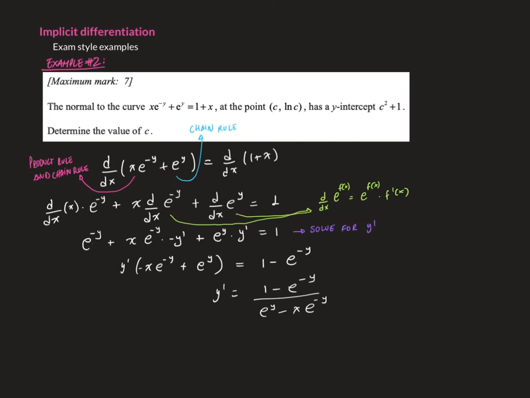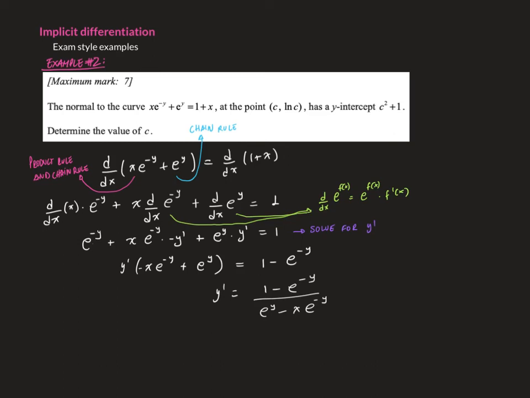Now in order to find the slope of the normal line, we need to find the slope of the tangent line, and we're going to do that by substituting the point (c, ln c) into this expression. One thing we need to remember is that e^x and ln x are inverse functions of each other, so when they are in a composition, they cancel out and only the argument of the composition remains.